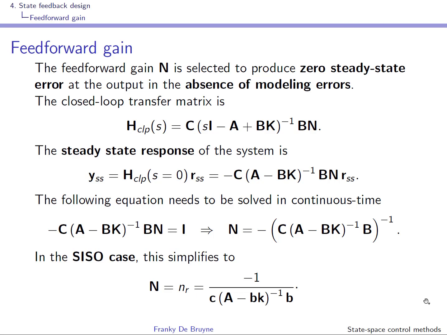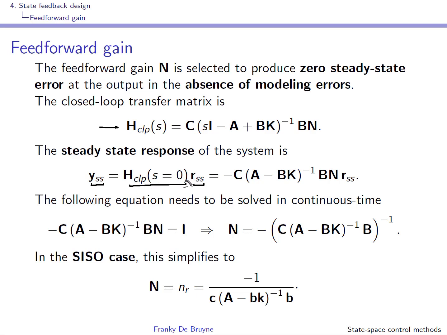In the multivariable case, the static gain matrix now links the steady state input, and in this case it is a reference or set point signal, to the steady state output, right? And in the multivariable case, what you have to do is take the transfer matrix that we have over here and evaluate it in s equal to 0.